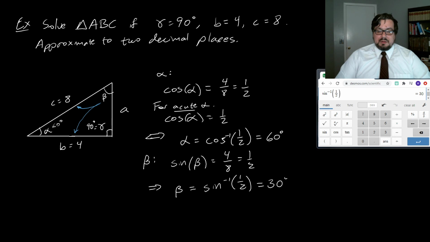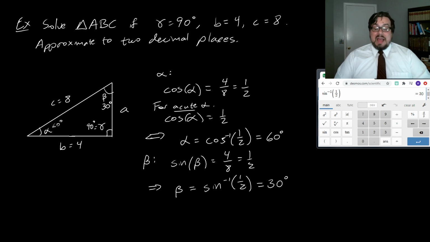So the angle 30 degrees is the angle with a sine of 4/8, which is 1/2. And we got there by using only the quantities that were originally given to us, the B and the C.